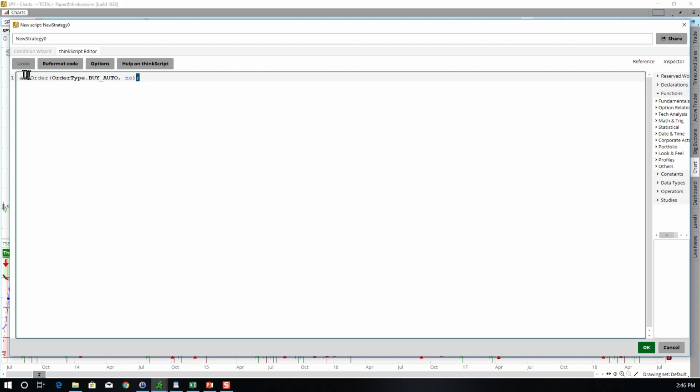Now you should know that this add order command does not actually create an order for you, even in real money. It's not a true order that is placed on the exchange. This is merely a virtual order. So when you do these studies, you're not actually buying or selling any actual stock or ETFs.